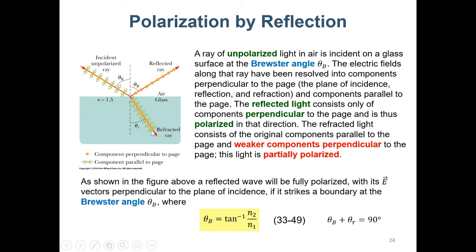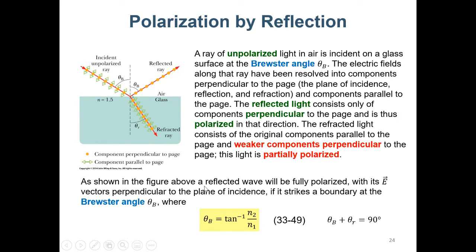We call it partially polarized because for unpolarized light, both components, perpendicular and parallel, are roughly the same. Only the perpendicular component is reflected, which means that the perpendicular component of the refracted wave is weaker than the component parallel to the page.